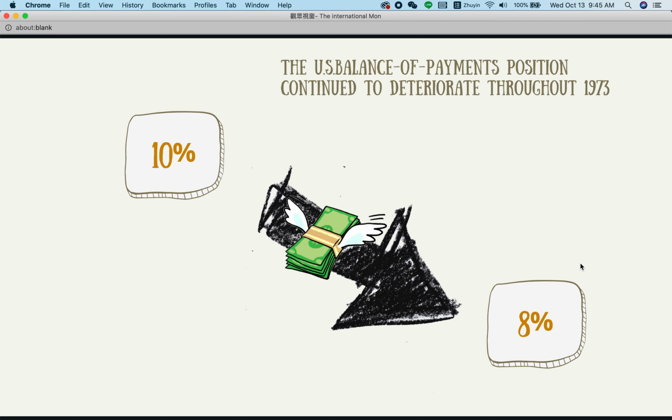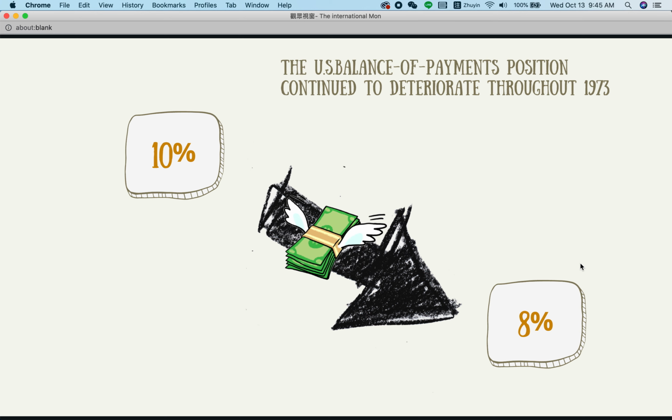IMF members were permitted to enter the foreign exchange market to even out unwarranted speculative fluctuations, and gold was abandoned as a reserve asset.